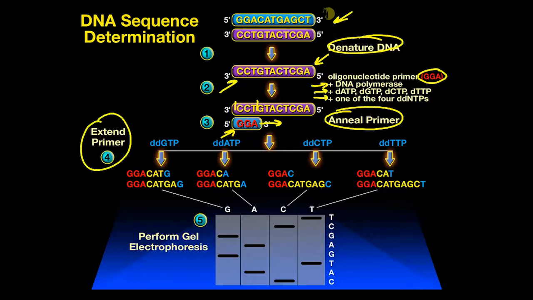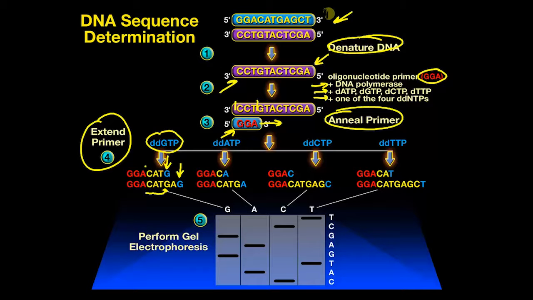So we're going to go extending the primer. Now, in the tube that has a little bit of ddGTP in it, 99 times out of 100, when the primer gets extended, a normal G will get put in there and it'll just keep going. But 1 out of 100 times, and this is going on a lot, a dideoxy will get put in there and that will cause chain termination.